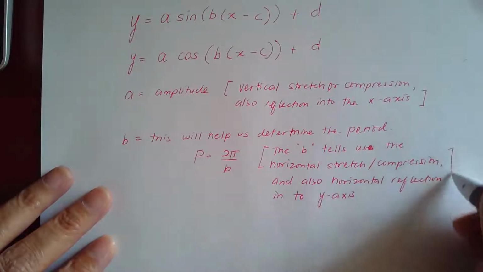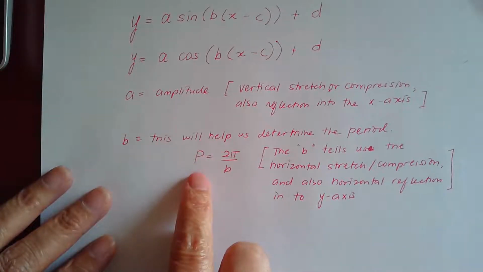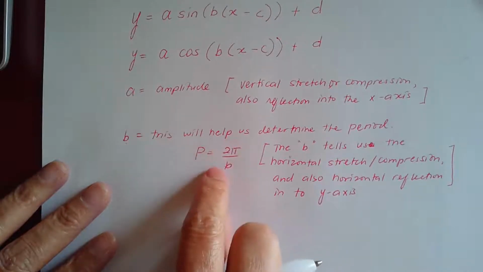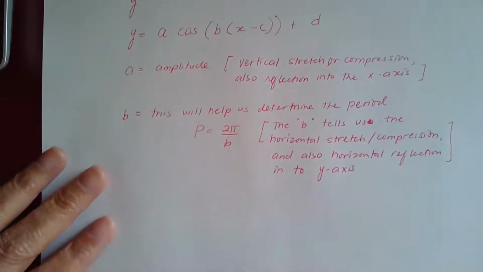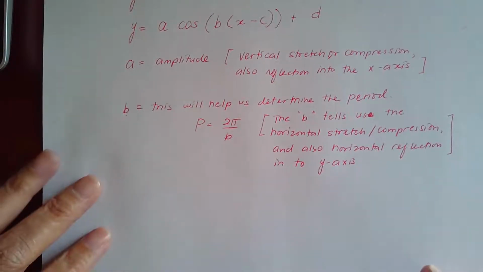So the B tells us the period. How long will it take to make a complete cycle?